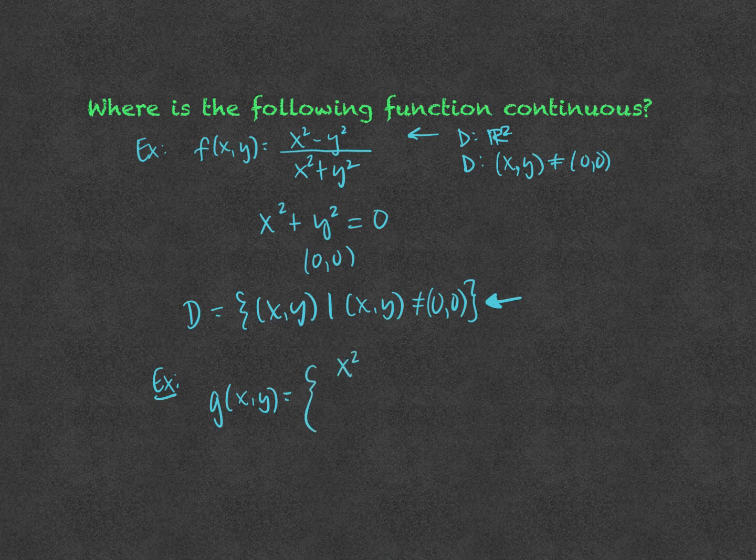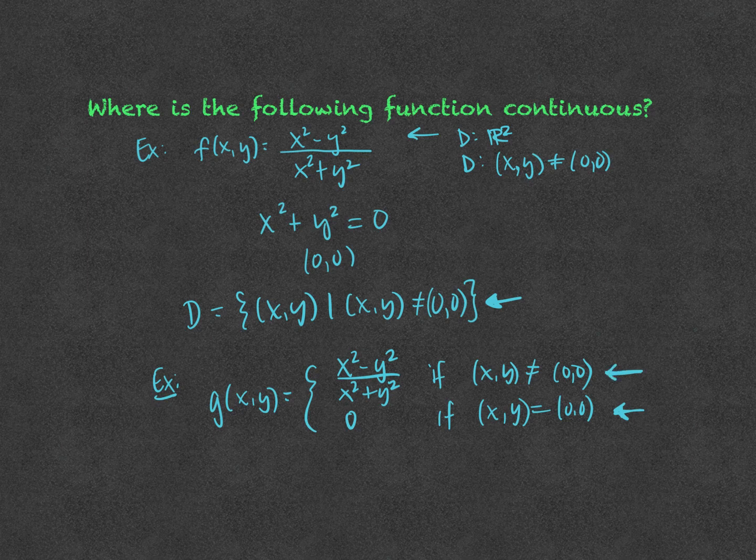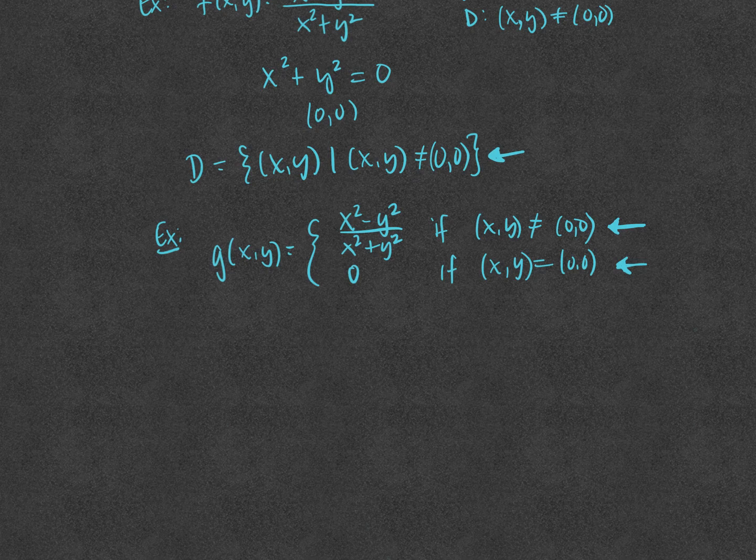It's a piecewise function: x squared minus y squared over x squared plus y squared if x,y does not equal 0,0, and 0 if x,y equals 0,0. Now, with piecewise functions, what they've done is taken out the discontinuity, possibly because we have a 0 here, since the top part of the piecewise function is only discontinuous at 0,0. So the problem defines the piecewise function at 0,0.